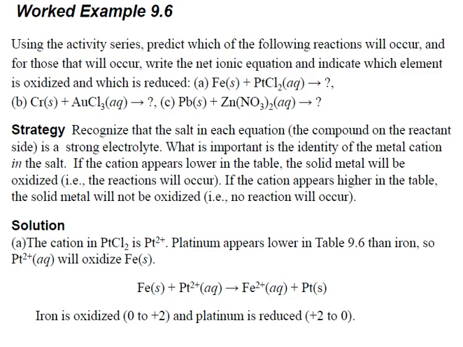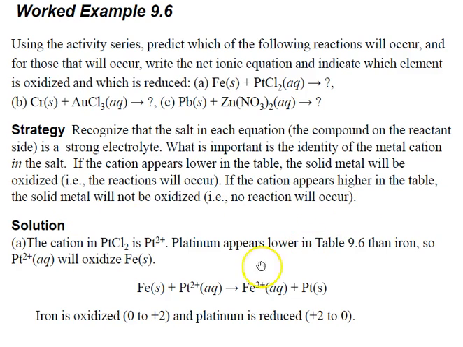If the cation appears higher in the table, the solid metal will not be oxidized, so no reaction will occur. So one more time, look at the identity of the metal cation that's in the salt, and if the cation appears lower in the table, then the reaction will occur. And if the cation appears higher in the table, then no reaction will occur.